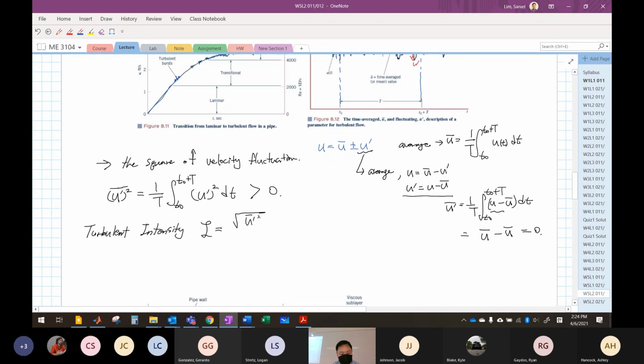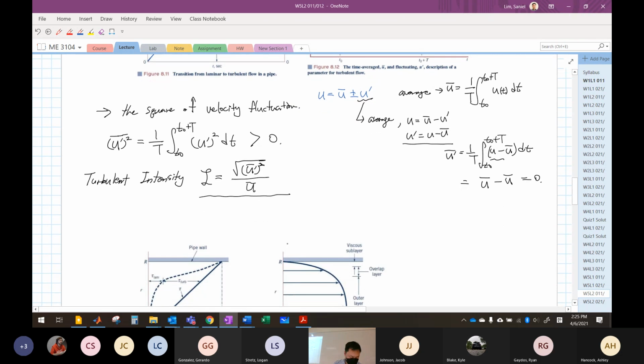This is the square root of the average of u prime squared, over u bar. So it's the ratio between the average square of the velocity fluctuation and the mean velocity. It gives you a sense of the turbulent intensity.